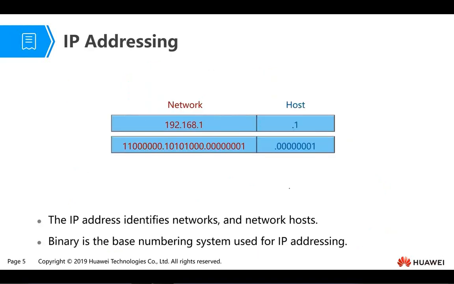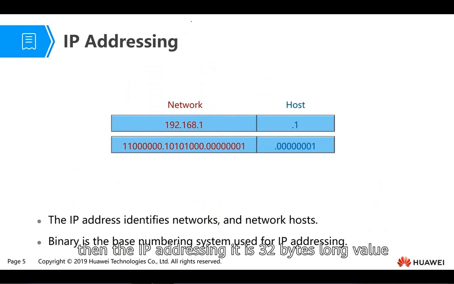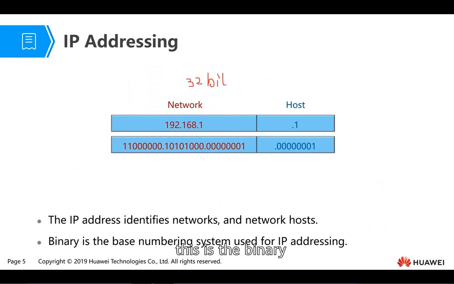And then the IP addressing. An IP address is a 32-bit long value. This is binary. This IP address is divided into two parts.